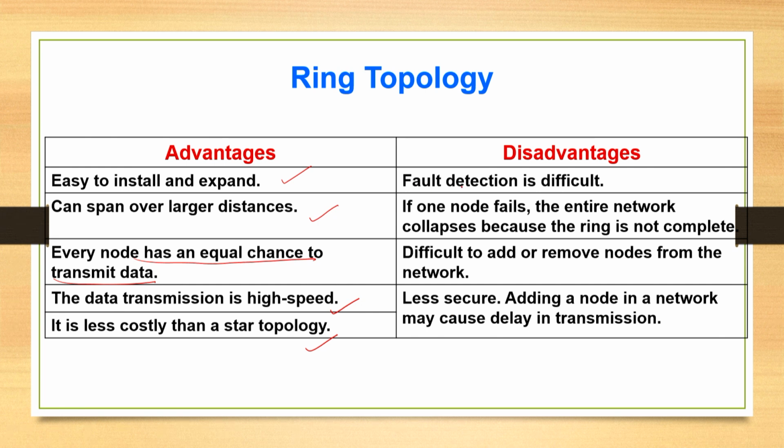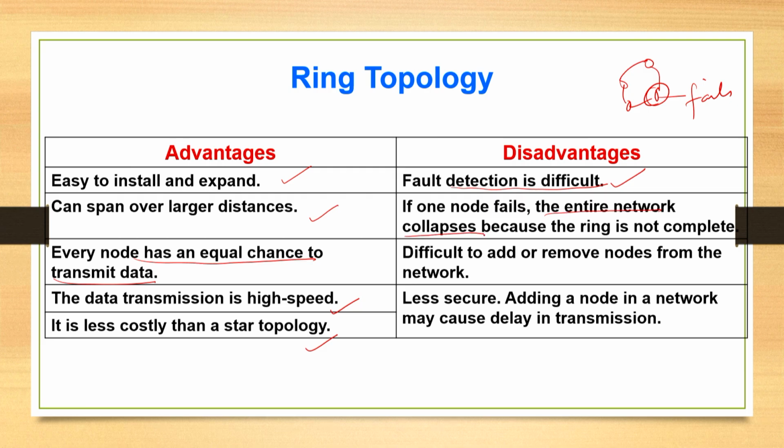If a fault occurs, then it is very difficult to detect it in the case of ring topology. Another problem is what? Since it is a ring structure, if a particular node fails, then what will happen? The entire network collapses.